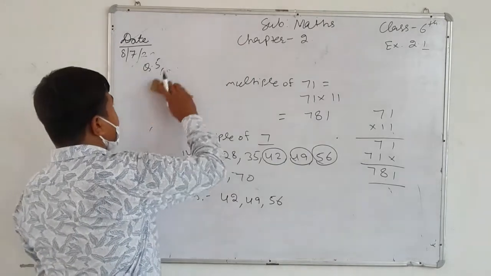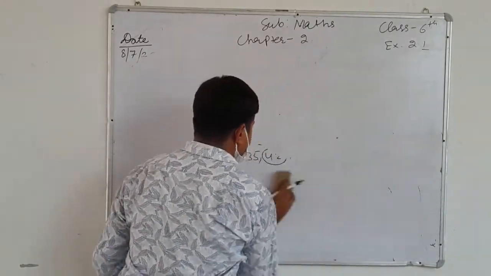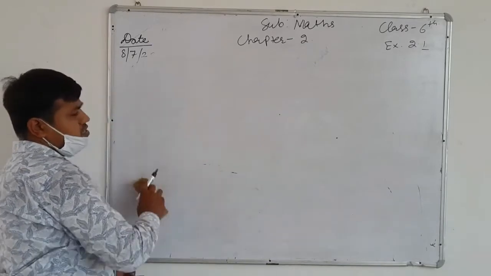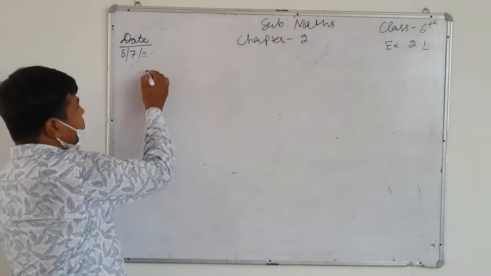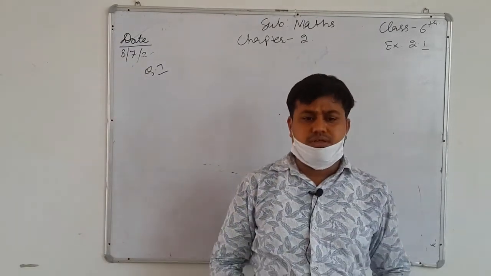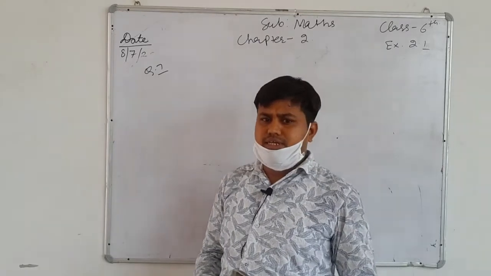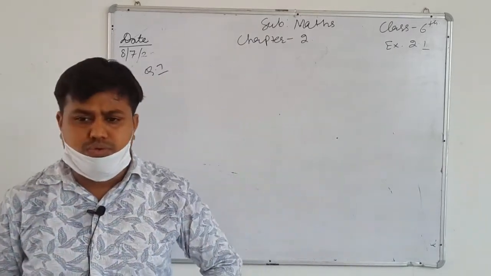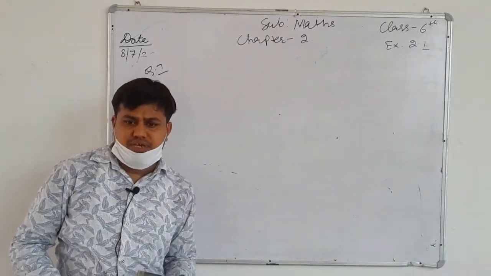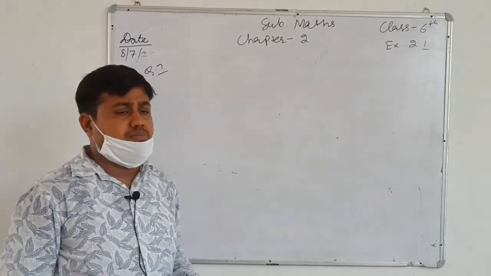क्वेश्चन नंबर 6 ट्रू फॉल्स है, सेल्फ ट्राई करने हैं आपको. Question number 7. We have to find the composite number from the given numbers. We have discussed from the starting of the chapter, composite numbers are if any number having more than 2 distinct, या फिर we can say different factors, that number is a composite number.